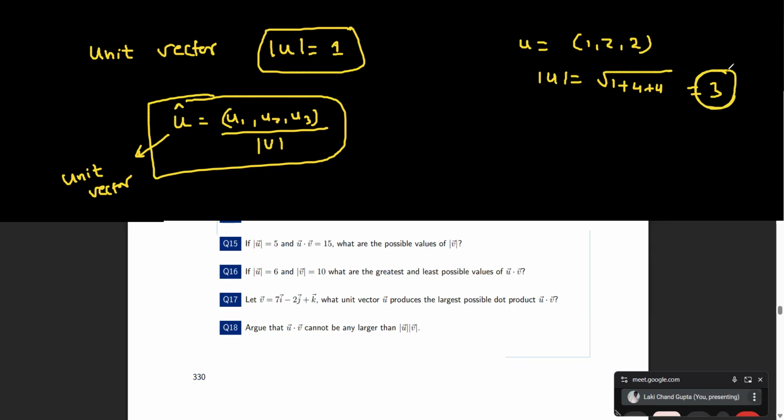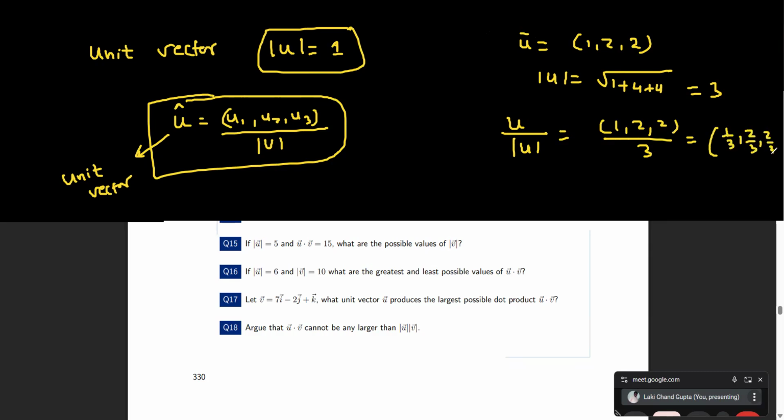This is not a unit vector, its length is 3, not 1. But you can make it a unit vector by dividing the vector by its modulus. So the vector becomes 1 over 3, 2 over 3, 2 over 3.